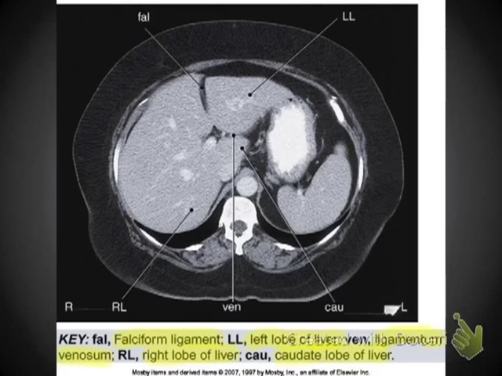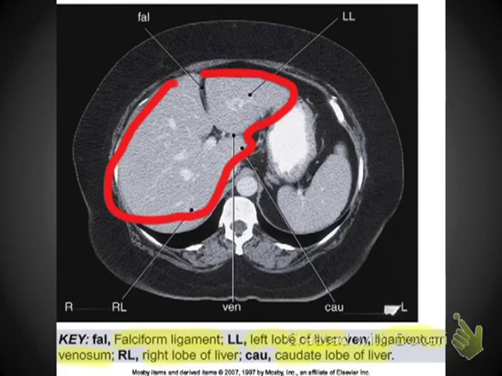So as we see, we have the entire liver structure pretty much here. And so we have this area here, and that is the falciform ligament. And from it we gain the left and right lobes of the liver. And so it separates it anatomically.